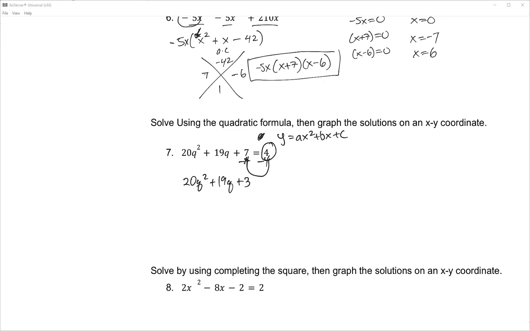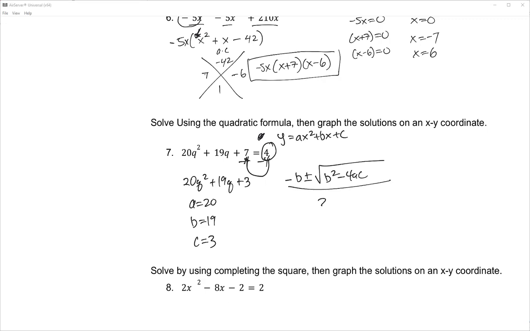All right, now we have the a of 20, the b of 19, and the c of 3. We plug that into the quadratic formula, it would be -b plus or minus the square root of b squared minus 4ac all over 2a.